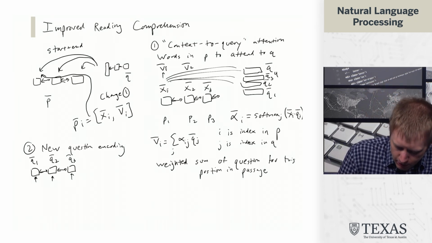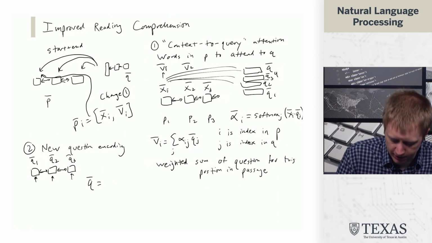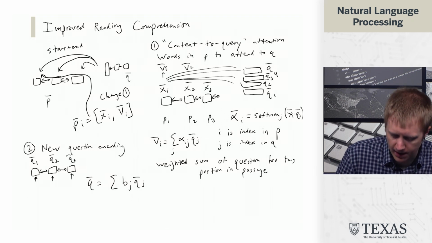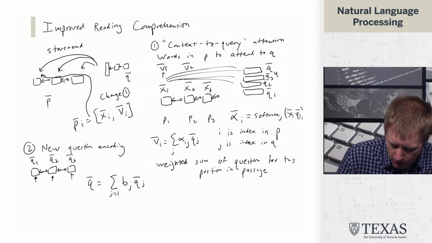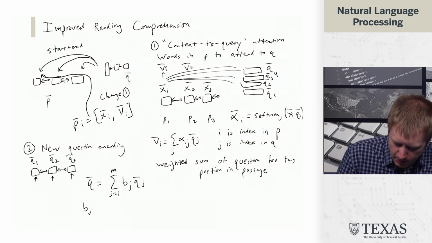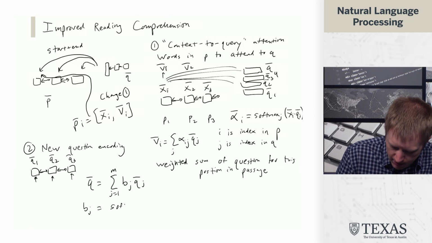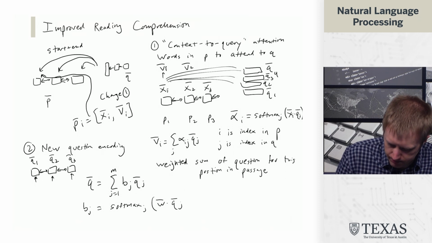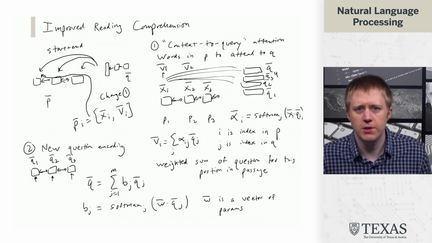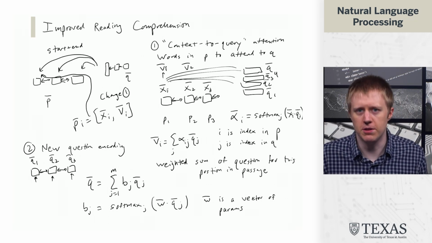And then what we are going to do is form the overall Q vector as a weighted sum over j, where each of these weights bj is computed as follows. So what we do is we have a fixed vector w of parameters.